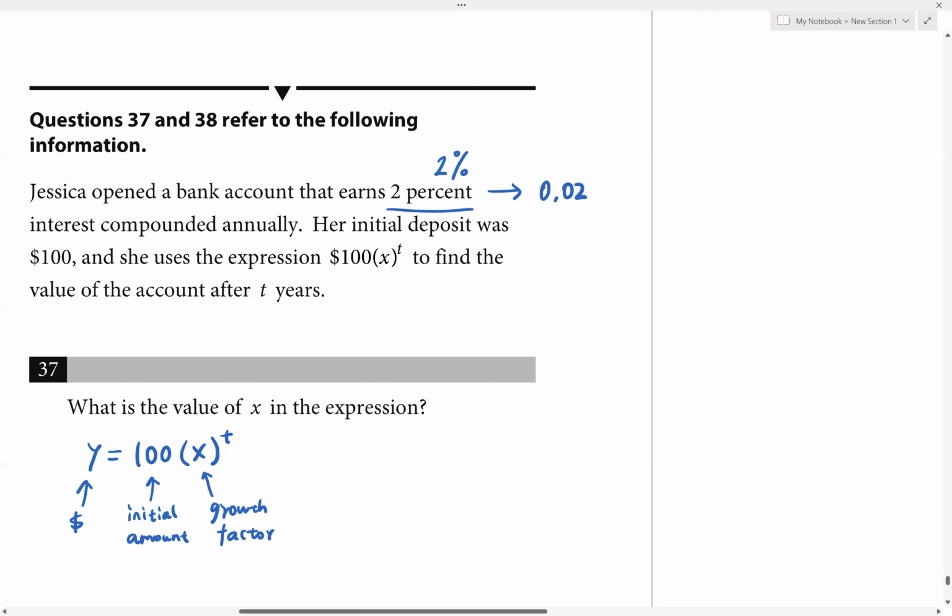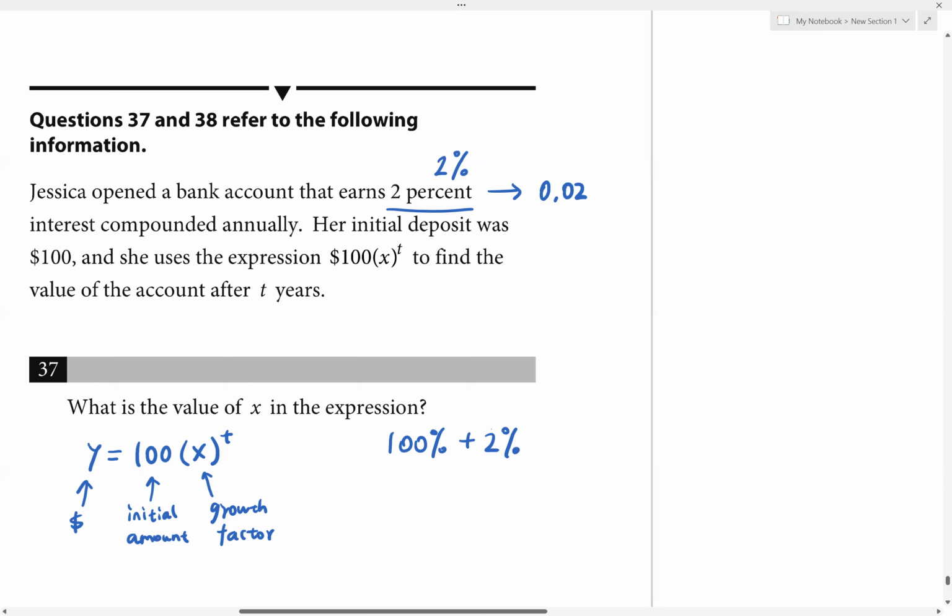But that's not the x value, because the 2% represents only the interest. The growth factor has to represent the total amount in the account, so it's a total multiplier. We do have to account for the original amount. So originally we have 100%, and then we're going to add 2% to it.